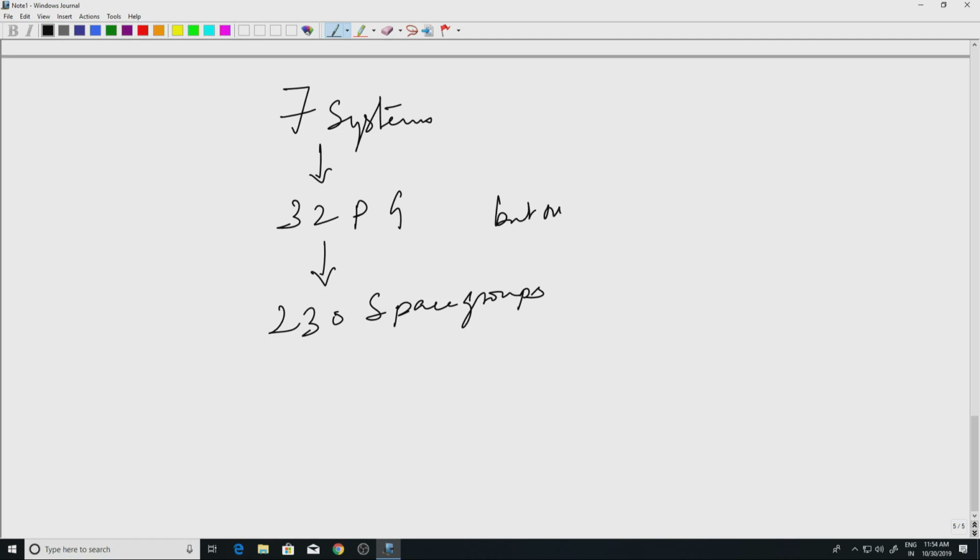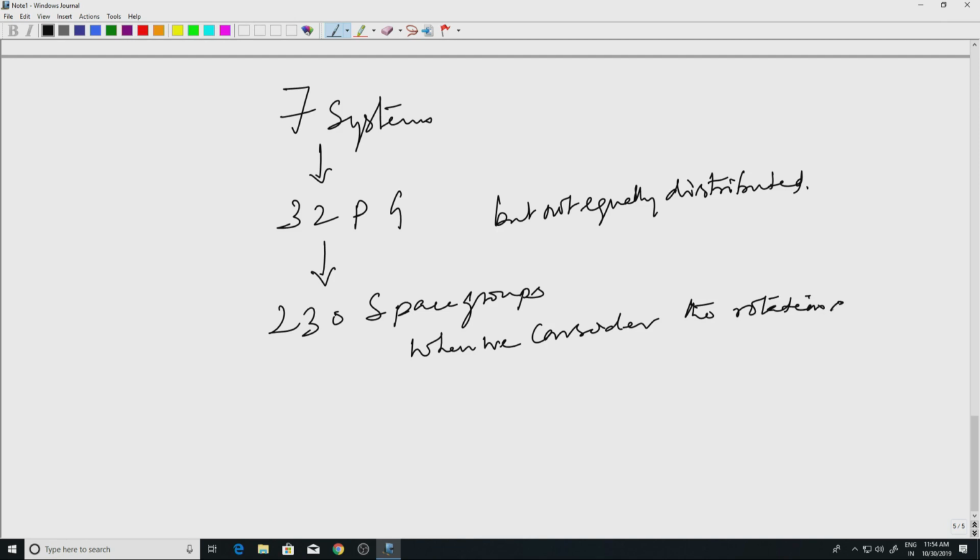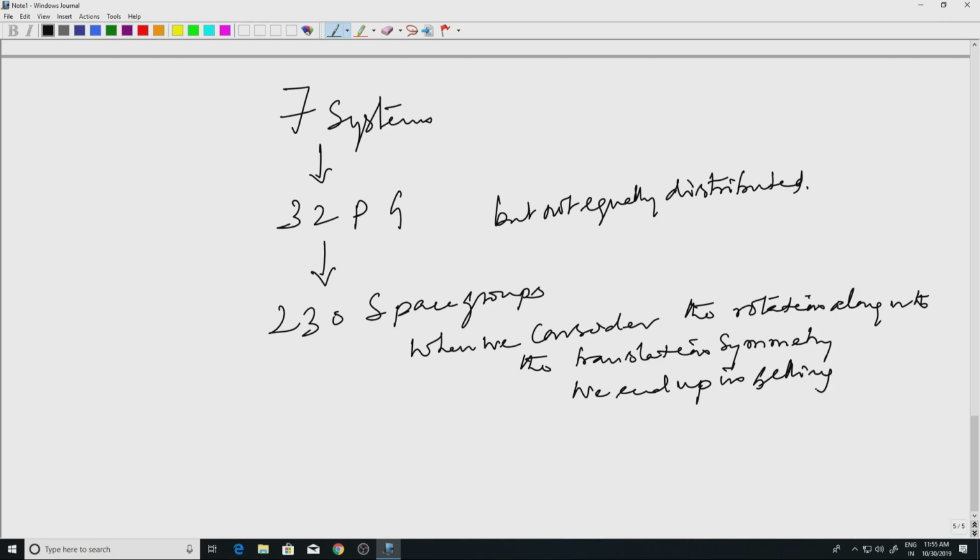When we consider the rotation along with the translation symmetry, we end up getting a screw.